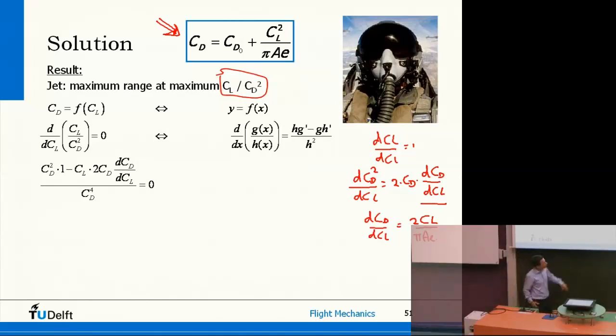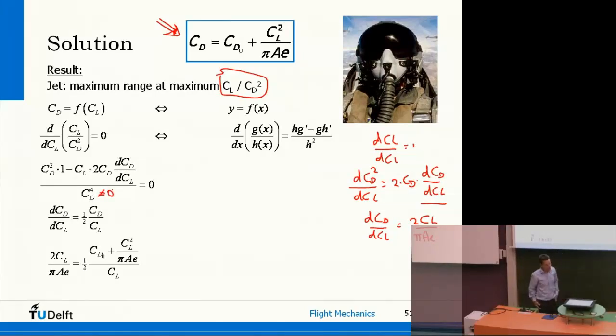Now I can take those equations on the right-hand side, fill them in, and this is what I end up with. All you have to note at this point is that this final equation only contains one variable, which is CL, because the rest of the terms are all constants. So this can be solved, basically.